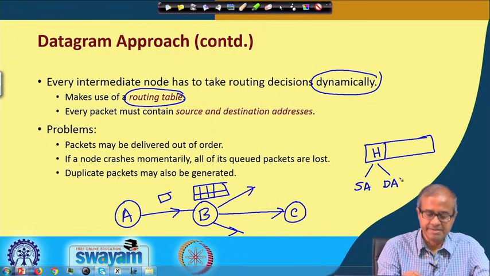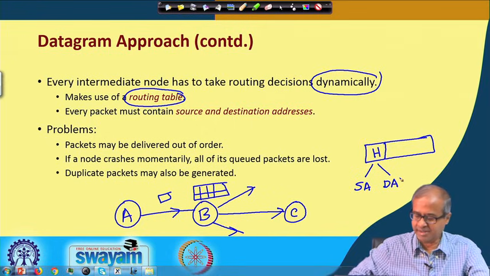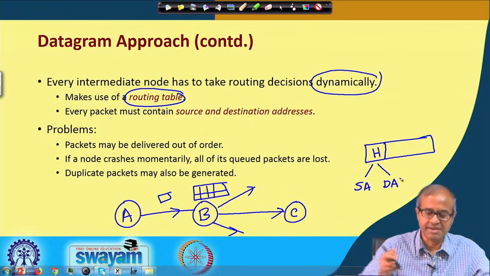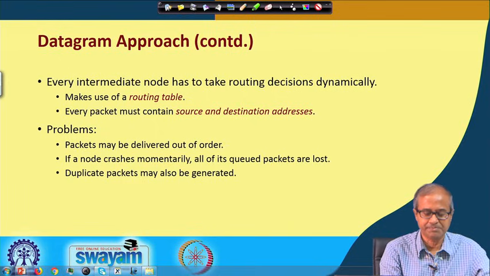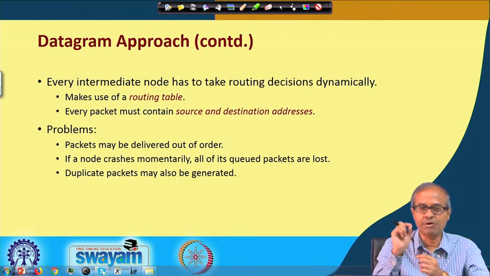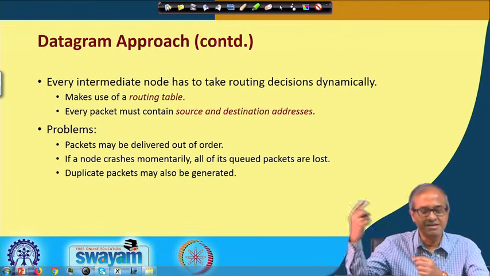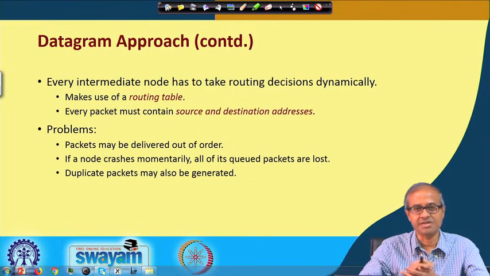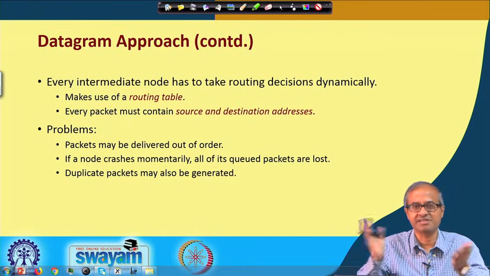Now, just like the normal postal system, here there can be some problems. When you post letters, there is no guarantee that they will be delivered in the same order you posted them.